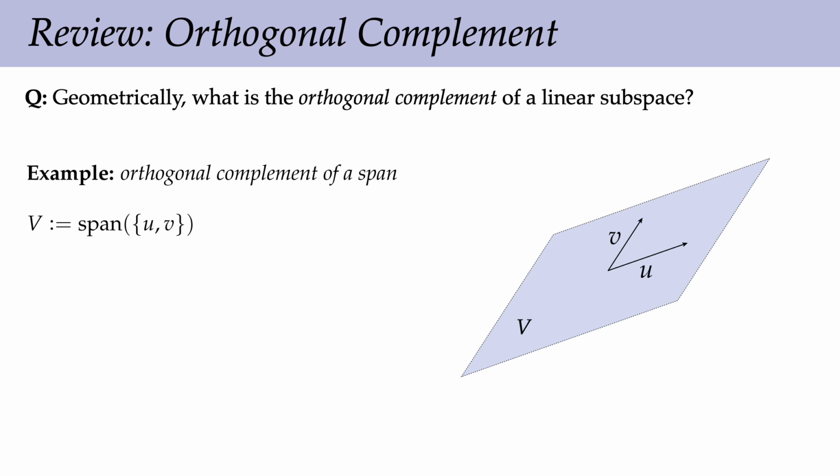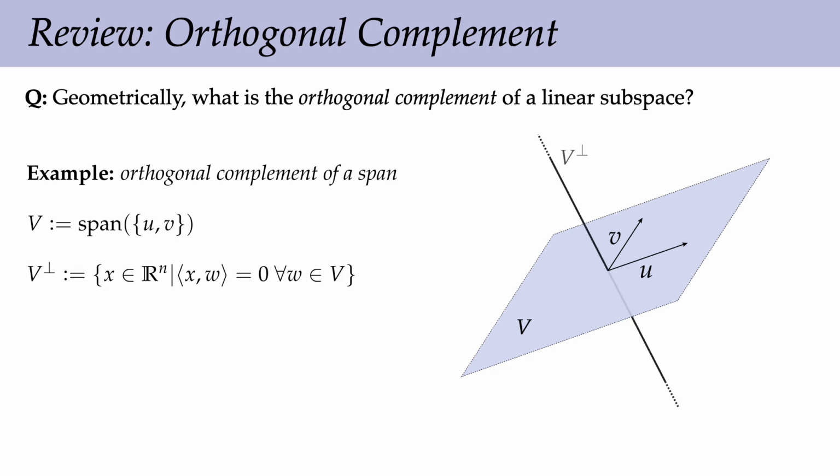If I take the orthogonal complement of V, well, that's going to give me all the vectors in Rn that are orthogonal, or whose inner product is equal to 0 for all vectors w in the vector space V. Okay, we can write that maybe as V perp.